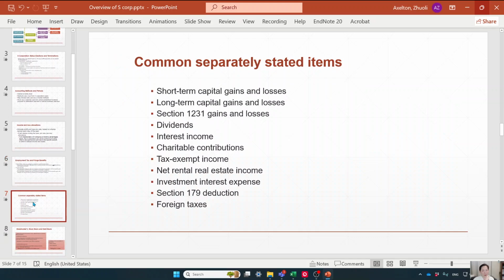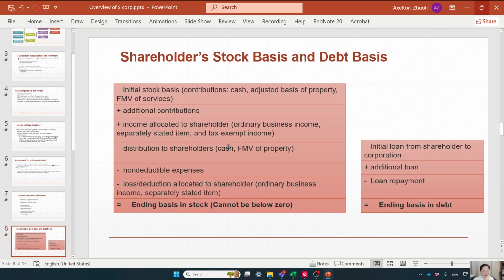And some of the common separately stated items on the K-1, similar to the 1065 K-1, include any items which could trigger a different tax treatment at the individual shareholder level, such as short-term capital gains and losses, long-term capital gains and losses, Section 1231 gains and losses, dividends, all that.